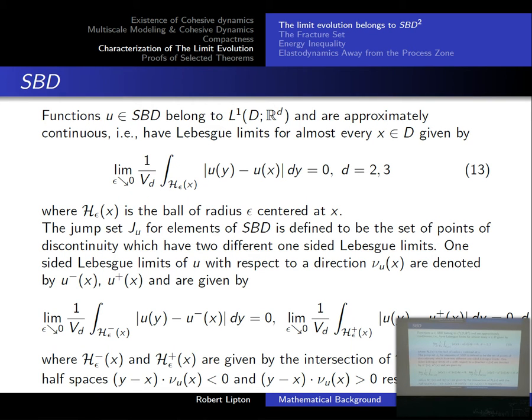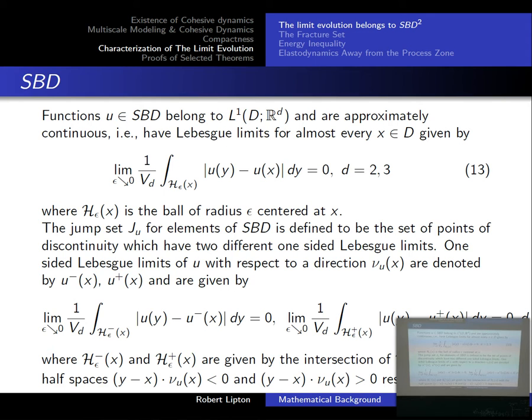Now I'm going to get into SBD in earnest. Functions that are special functions of bounded deformation belong to L1 and are approximately continuous, with the usual notion that almost everywhere you take a ball of radius epsilon, you send the radius to 0, and the average of the difference goes to 0.